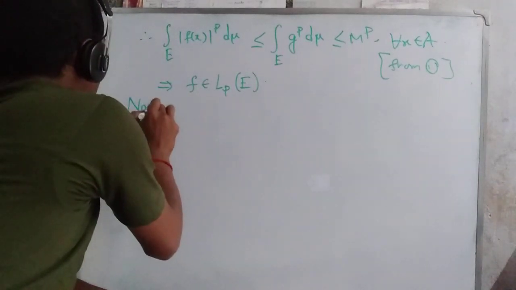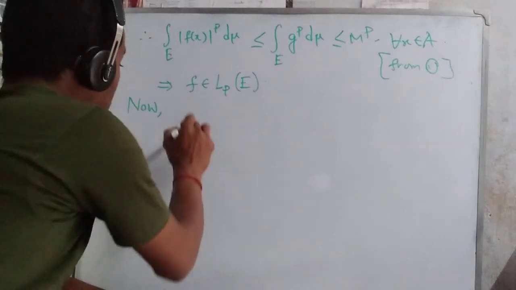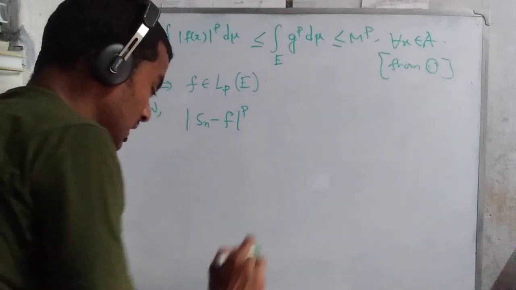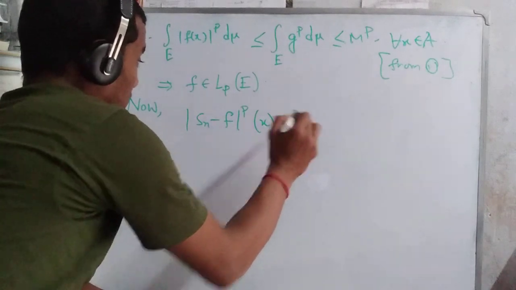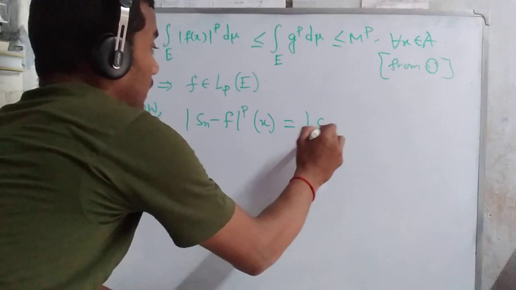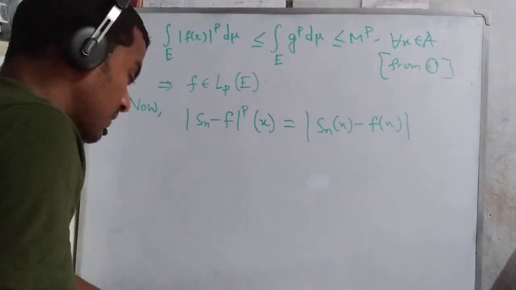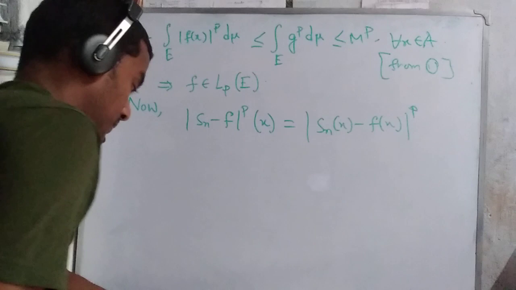Now what? Now |S_n minus f| whole to the power p of x equals, here we write, |S_n(x) minus f(x)| whole to the power p.